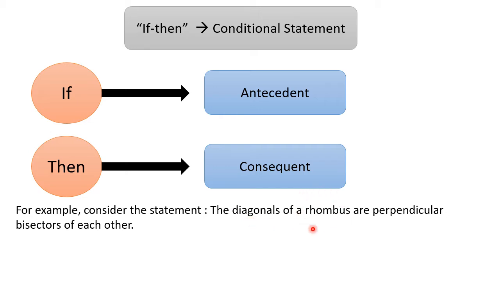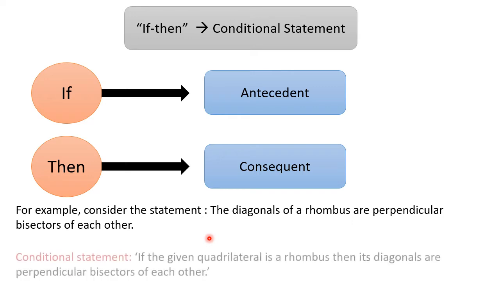If the figure is rhombus, okay, it is clearly mentioned, if the figure is rhombus, then its diagonals are perpendicular bisectors of each other. If the figure is triangle, is this statement possible? Can we draw diagonal and will they be perpendicular bisectors of each other? No. So it is clearly mentioned, if the figure is rhombus, then only its diagonals will be perpendicular bisectors of each other.